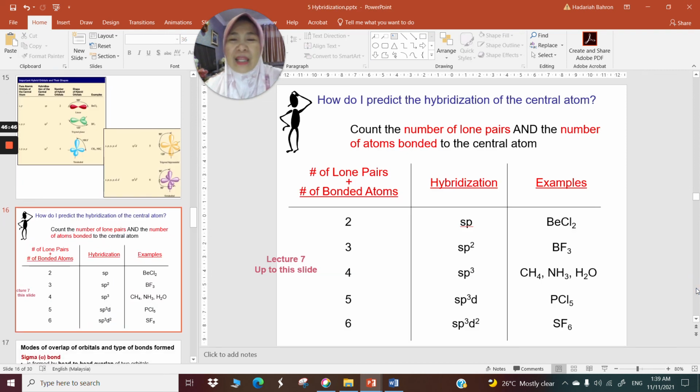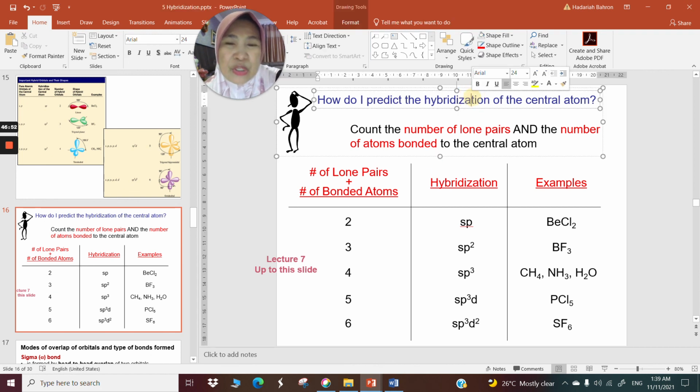Right. Now, this is how you predict the hybridization of the central atom of your molecule. The central atom is always, in the Lewis structure, the least electronegative.